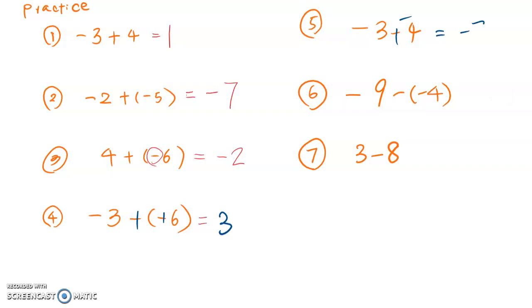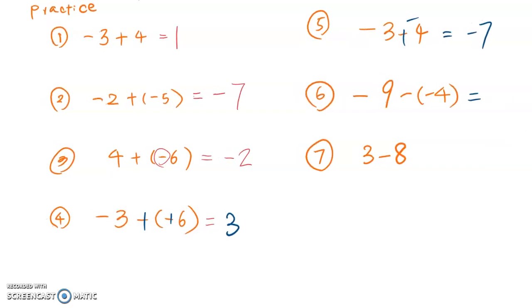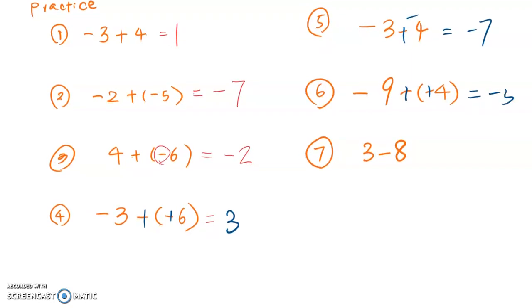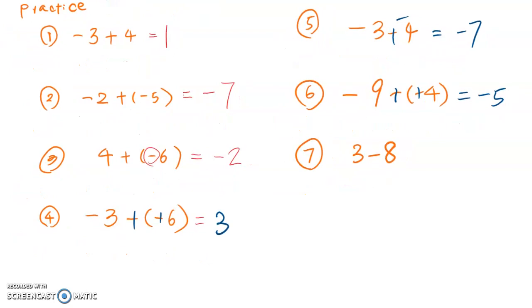That will be negative 7. Similar here. Add positive. That will be negative 5. And negative 3 minus 8, you can see it as add negative. So we'll use the negative sign. We subtract. That's negative 5. I hope you got it all correct.